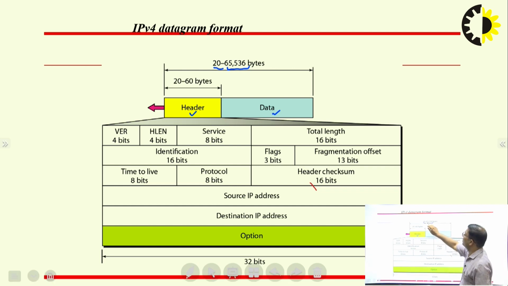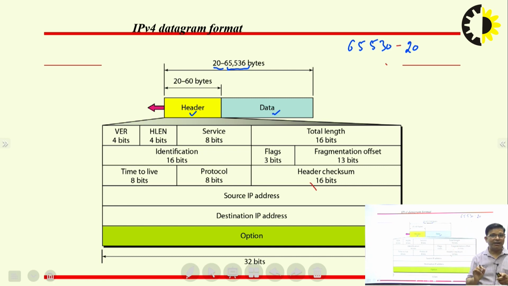The maximum is 65,536 minus 20 if the header size is 20, or 65,536 minus 60 if the header is 60 bytes long. So this is how we can calculate the data size we are delivering with IPv4.